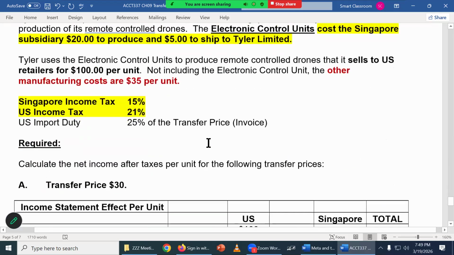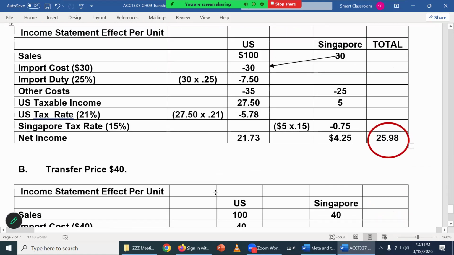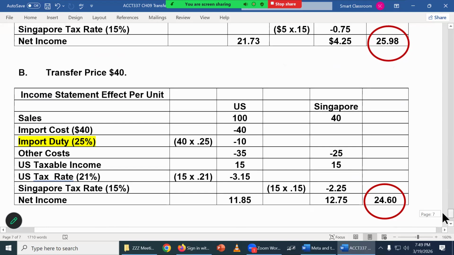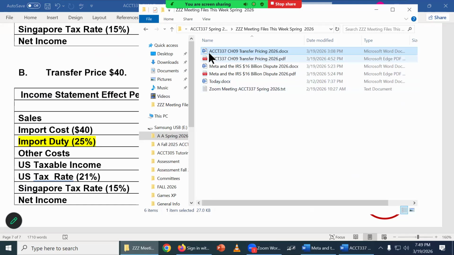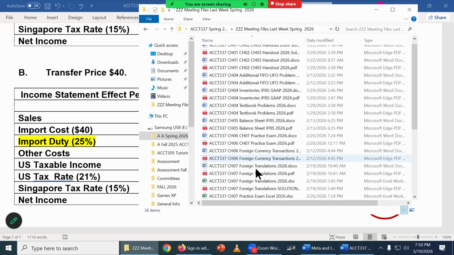Okay. All right. Well, I think I'll have to send out a test. Between this and chapter 8, it's kind of like a bunch of little stuff.